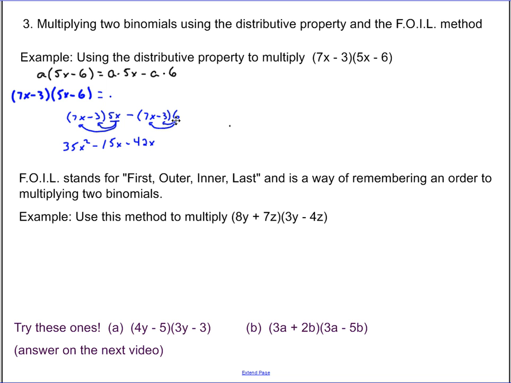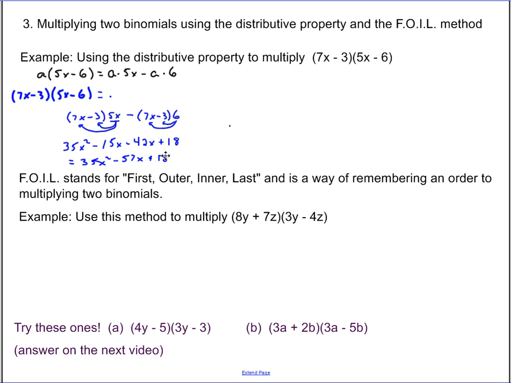And we're going to have negative 6 times negative 3, but remember this negative also plays a role, so this is going to be plus 18 constant, right? And then when we add these together, we would get 35x squared, negative 15 minus 42 is the same thing as saying negative 57x, and plus 18 at the end.